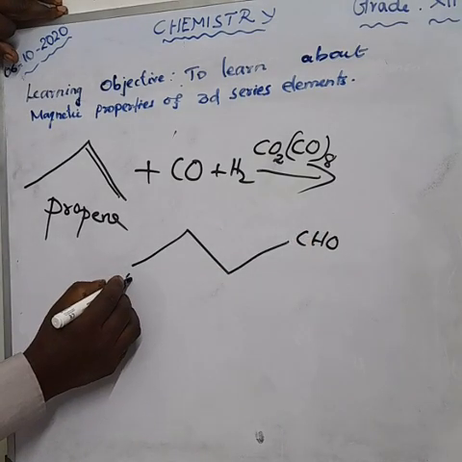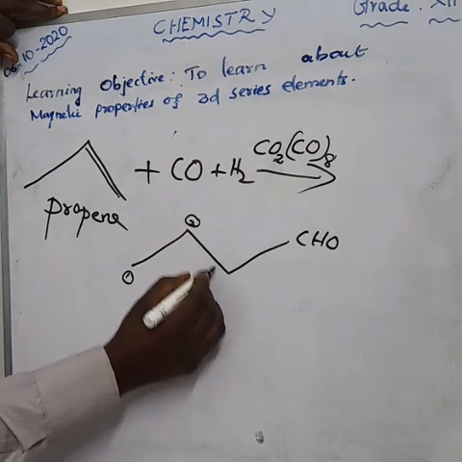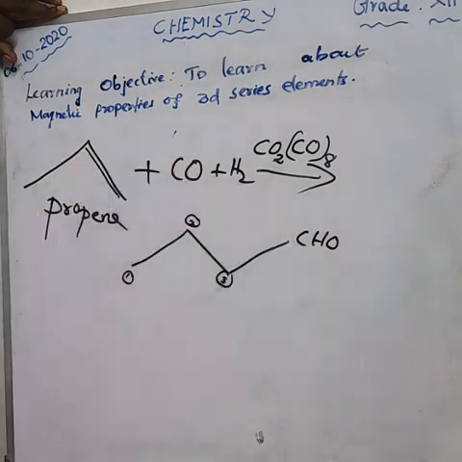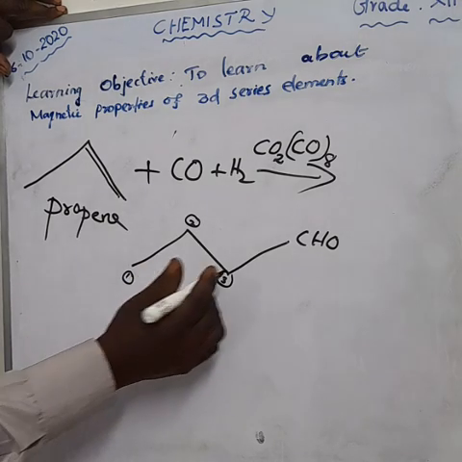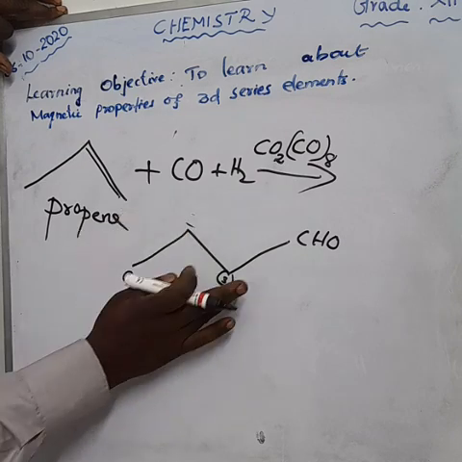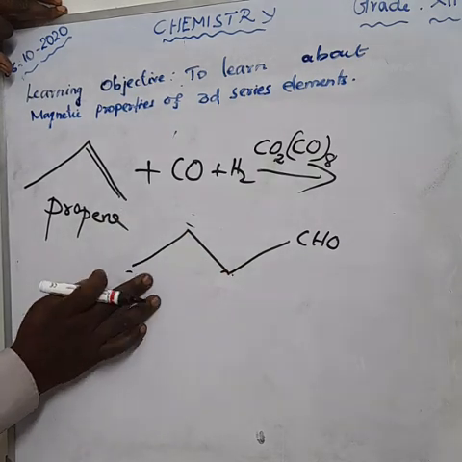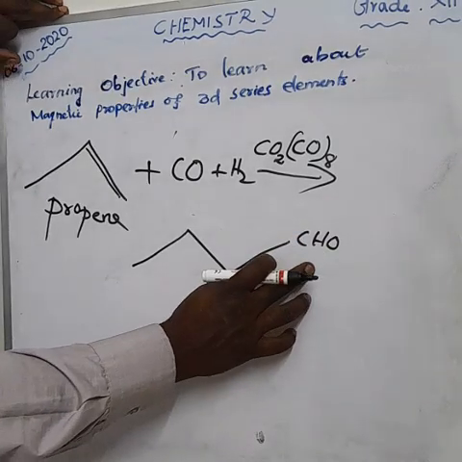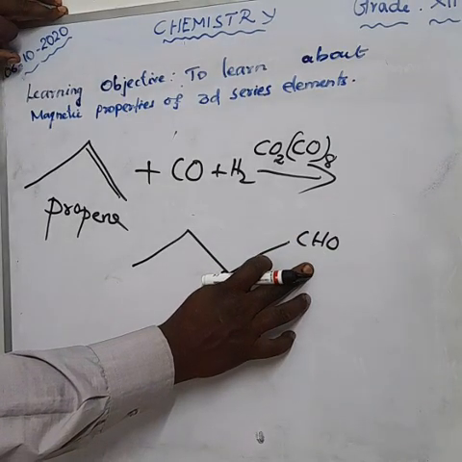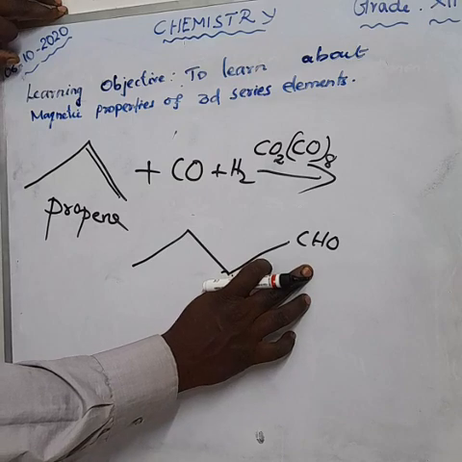What's the name of the compound? We should count the number of carbons, starting the numbering from the functional group. What is CHO? Aldehyde, am I right?